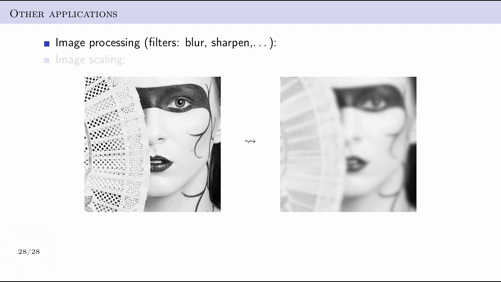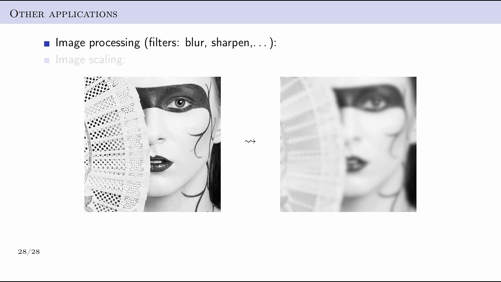Just two other example applications of convolution. The first is image processing. If you take a digital image by a digital camera, by your cell phone, whatever, and you process it, you sharpen it, you blur it, many of the filters that are used for processing images, like blurring and sharpening, are convolution filters.